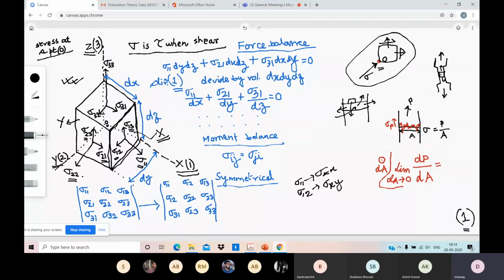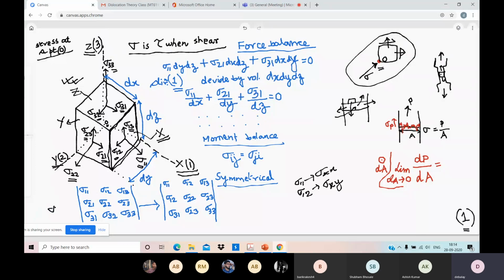So here, this is plane number Z or plane number 3. And on that, the normal stress is sigma 3,3. And the shear stress is sigma 3,1 acting along direction 1, and also sigma 3,2 acting along direction 2.